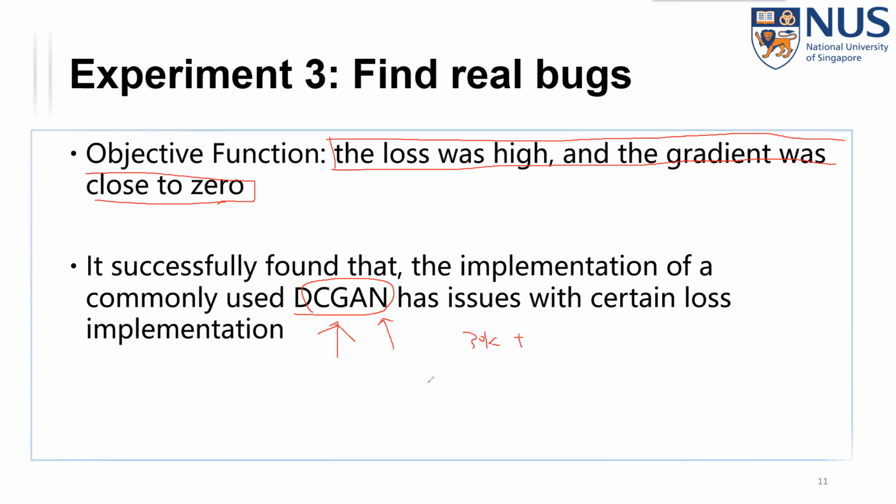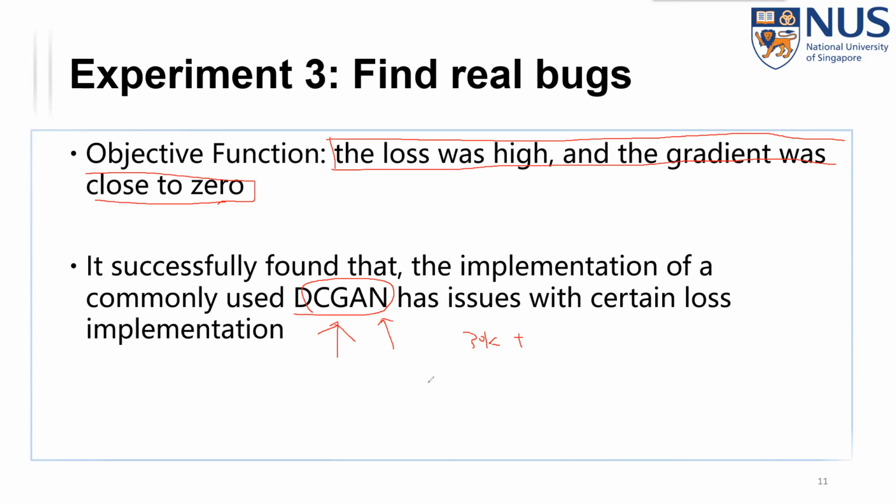Yeah. So maybe I have a question for Wang Chao. So my question is, why is it a problem that the loss is high and the gradient is close to 0? Because usually a high loss stands for a high... Yeah, it's a question. But anyway, the answer is correct.